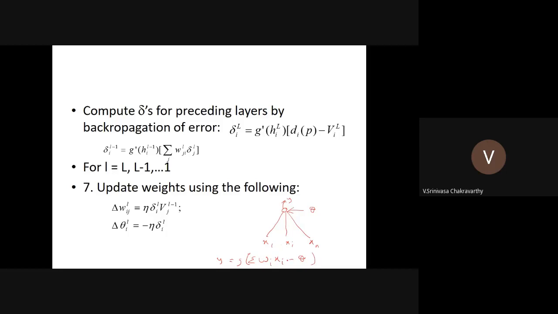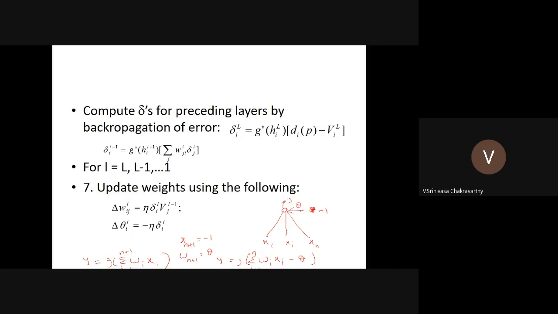The same thing you can write as y is equal to g of sigma w_i x_i, where the summation goes from i equal to 1 to n plus 1, and x_(n+1), the last input, is equal to minus 1, and w_(n+1) is equal to theta. So you think of this weight as having the value theta, and the input to that is minus 1.